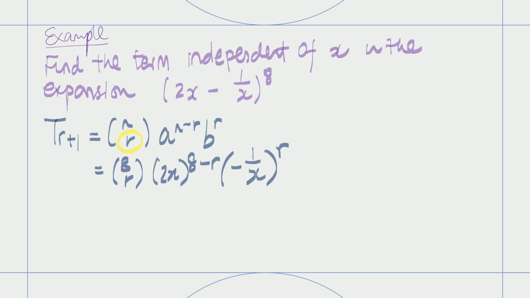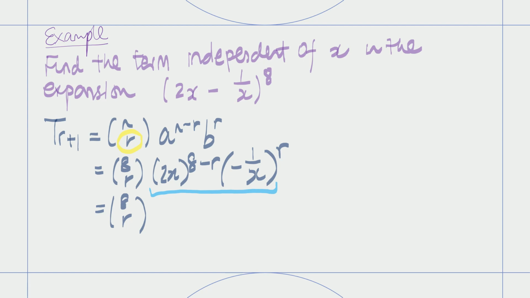So we need to do some manipulations here. Basically I need to group all the x terms together. If you look at this, can you see that I have an x term hidden there? And if you look at this one, I also have an x term hidden there. So what I need to do now is break all this up and then regroup them.